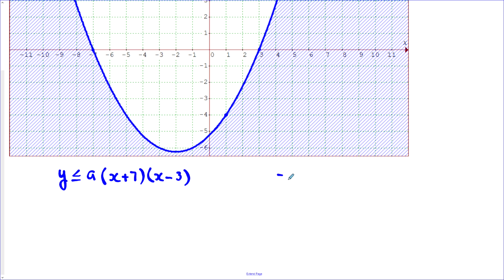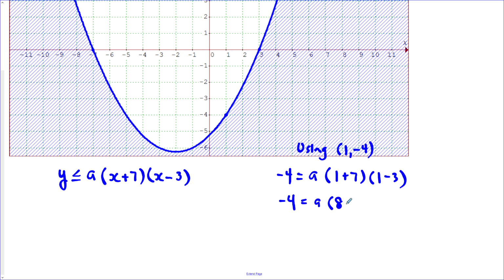So we're using 1, -4. We want to find that a value for this parabola. So I don't know a, so I'm leaving it as a. And then I'm putting in 1 for x and -4 for y. Then we've got 8 times -2, we've got -16.